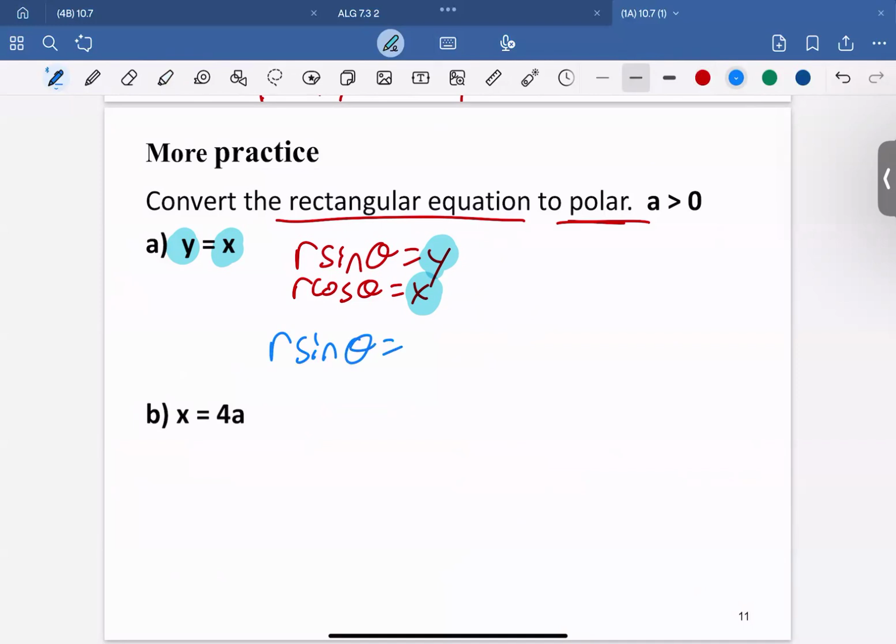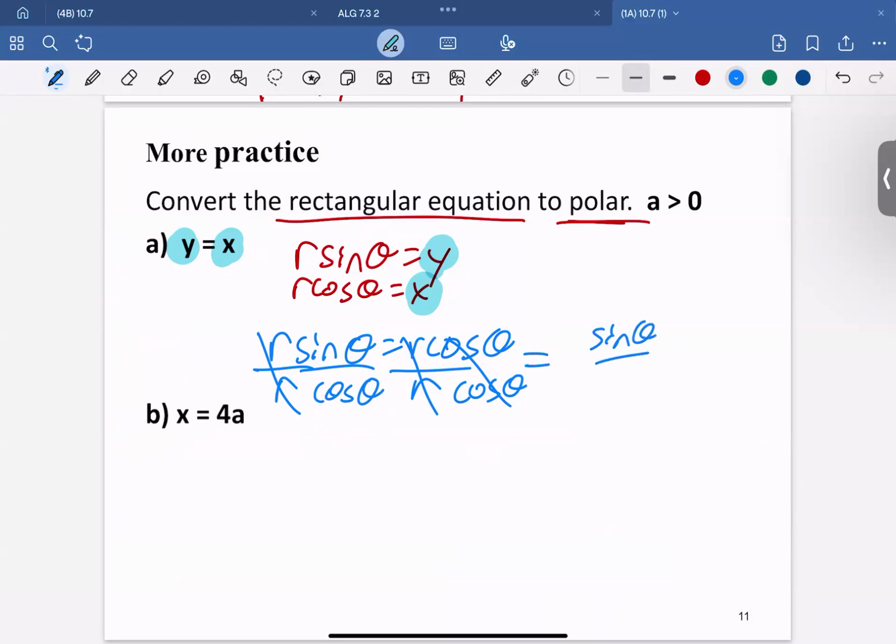R sine theta for y, and then r cosine theta for x. And then from here, you're just going to solve. I can divide by r, which cancels these out. And then let's move cosine to the other side, giving us sine theta over cosine theta equal to 1. And we can even further evaluate by doing tangent theta is equal to 1.